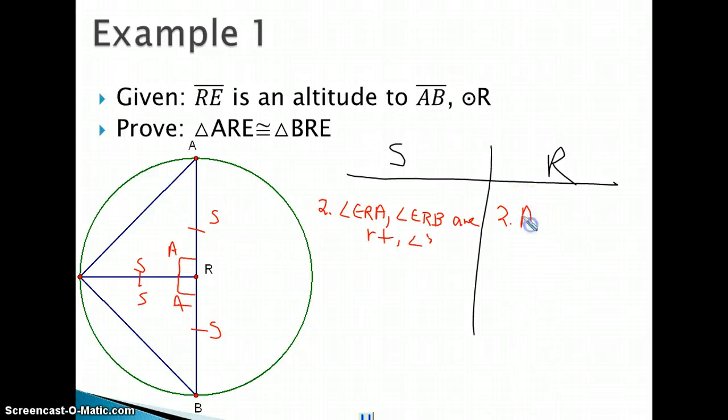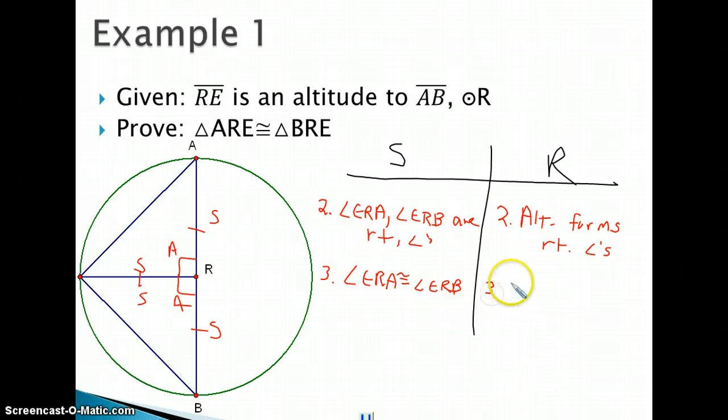So I'm going to say an altitude forms right angles. We've been talking about this since chapter 1, but we know that if we have two right angles, that they're going to be congruent. So I'm going to say angle ERA is congruent to angle ERB, and that's because all right angles are congruent.